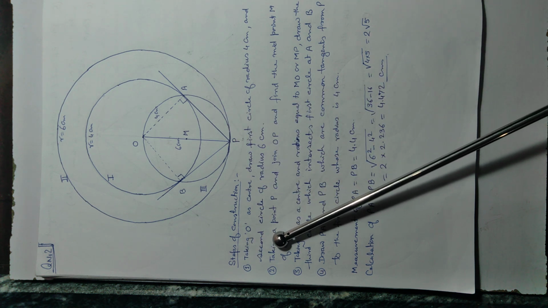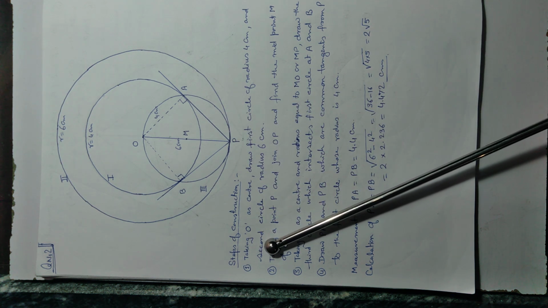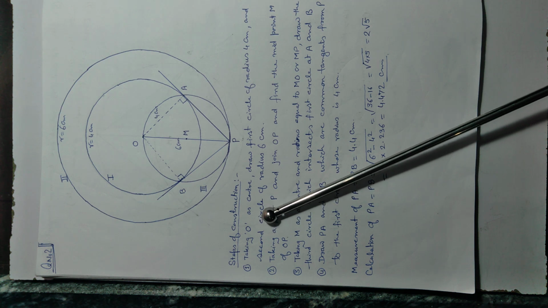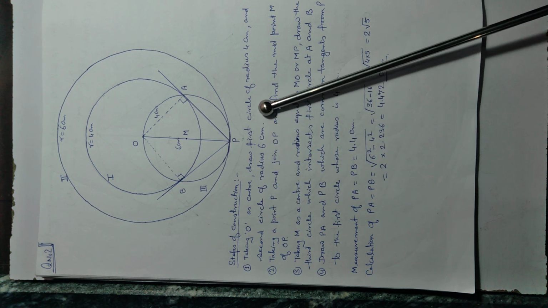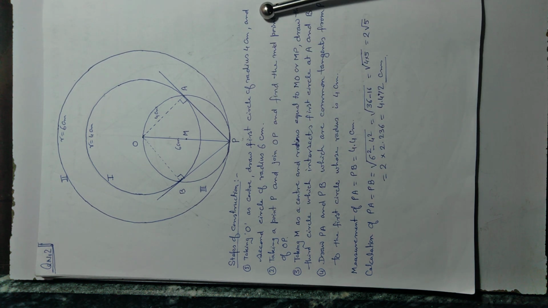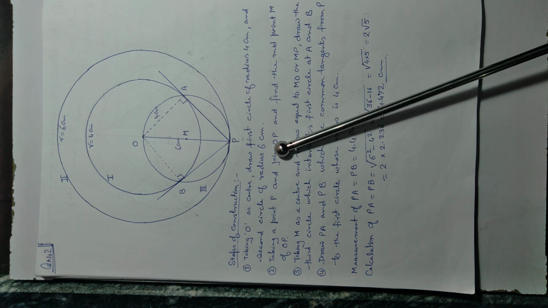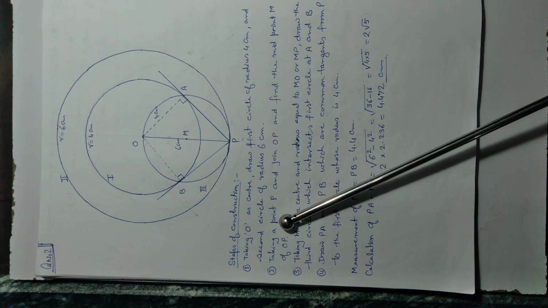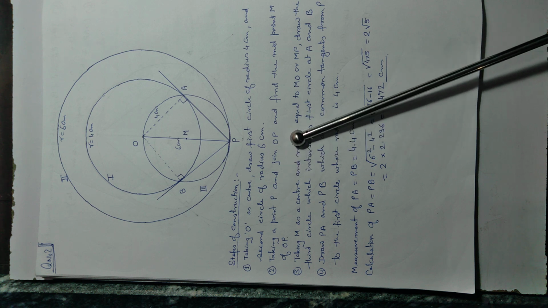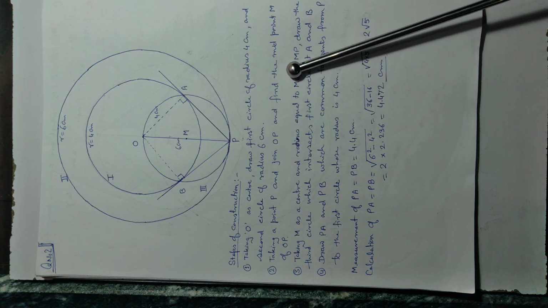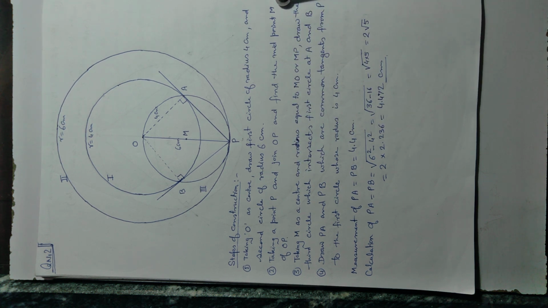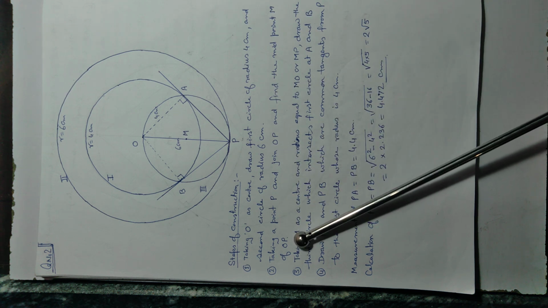So now you see the steps of construction. देखिए यहाँ पर पहले taking O as a center, draw the first circle of radius 4 centimeter and the second circle of radius 6 centimeter. Taking a point P, join OP and find the midpoint M of OP.